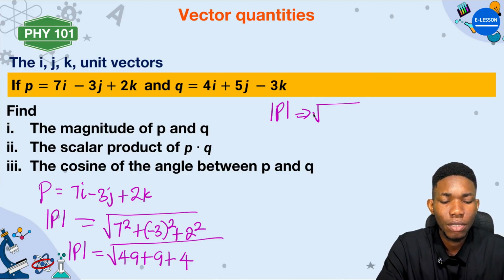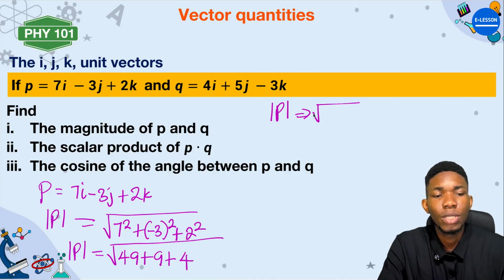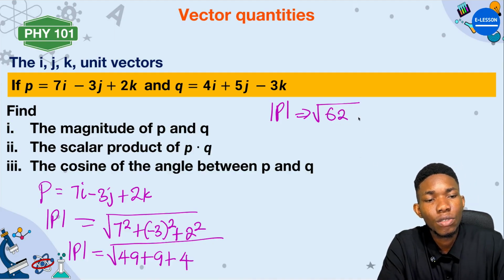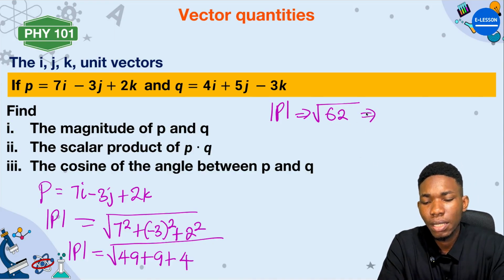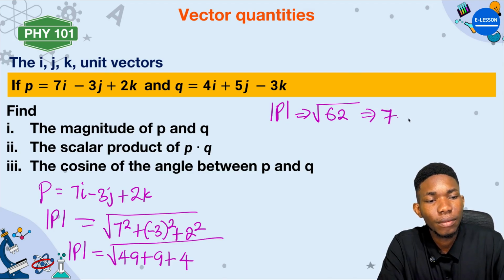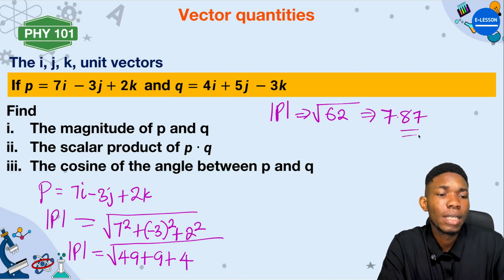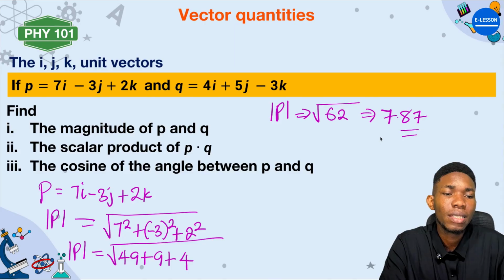What would that give to us? We have 49 plus 9 plus 4, which give us 62. So what is the square root of 62? That will give us 7.87. Is that understood? 7.87. That is the magnitude of P.